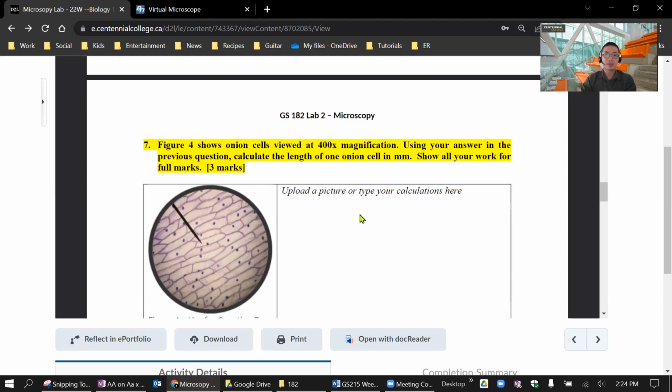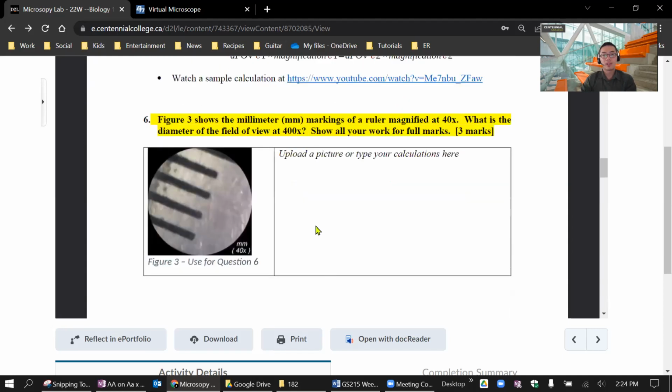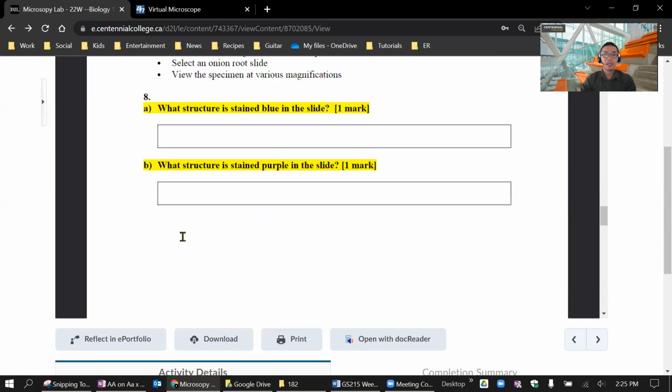Okay, so don't freak out if you got one number and your friend got something a little bit different, because what you get here is going to be based on what you get at number 6. And the number you get at number 6 is going to be based on how you interpret this picture. Again, there is no definitive answer. There's a range of answers that are going to be acceptable. Moving on.